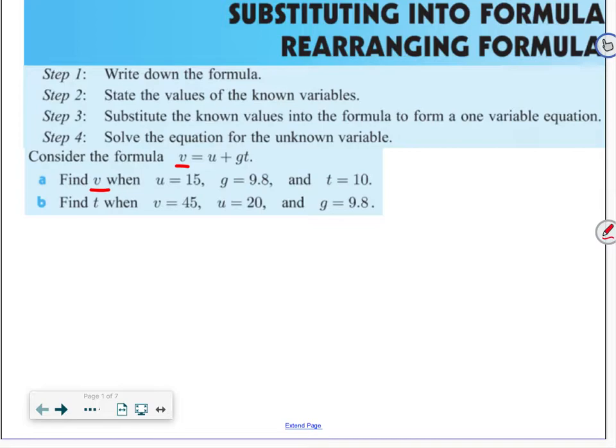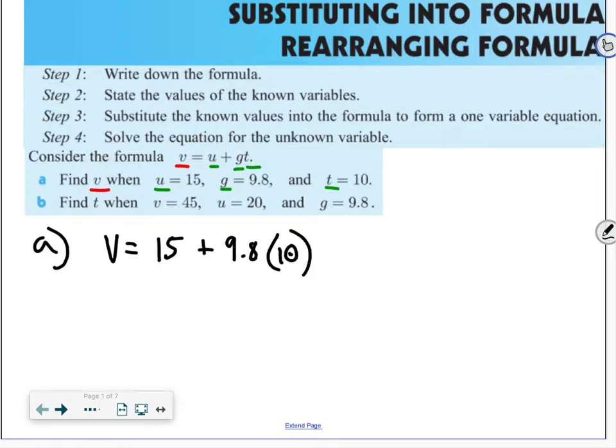Notice where v is in the equation. We are going to substitute in our values for u, g, and t. All right, so for part A here, we're going to find that v is equal to u, 15, plus my g, 9.8, times my t, which is 10.